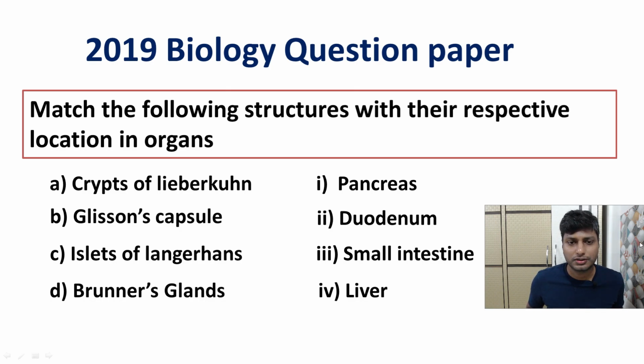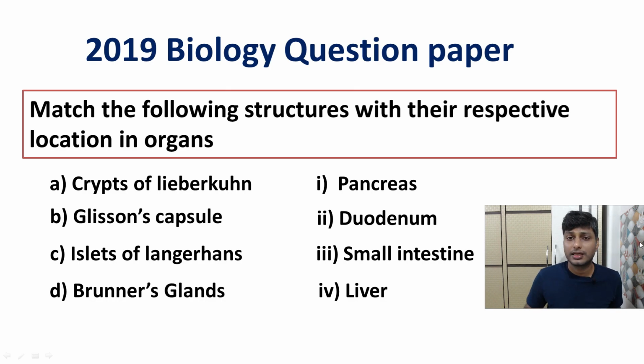Crypts of Lieberkühn. Of course, crypts of Lieberkühn is present in the small intestine. Remember those U-shaped structures. Glisson's capsule, just now we said, the covering of the liver. Protection, dear students, mainly for the protection of liver. Islets of Langerhans, pancreas, right, consists of alpha cells, beta cells, helps in the secretion of hormones.